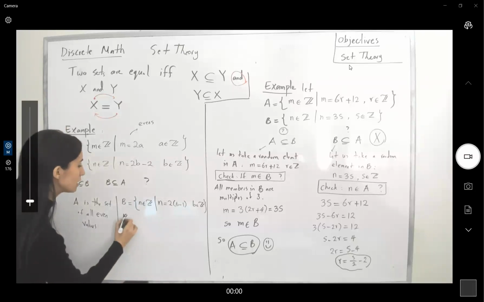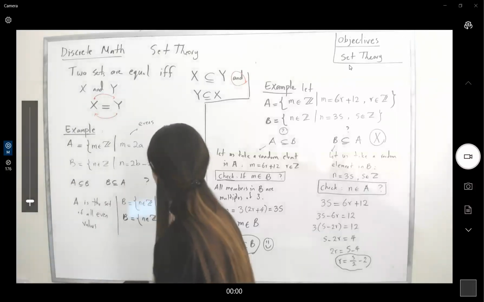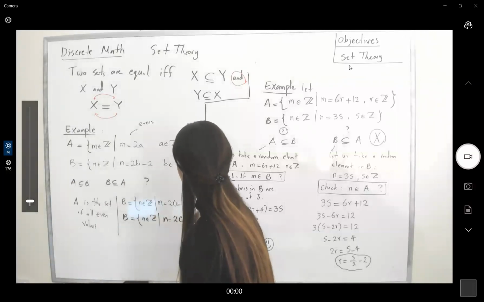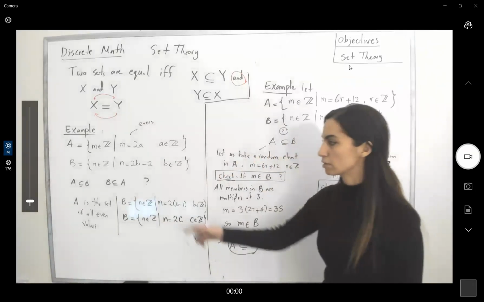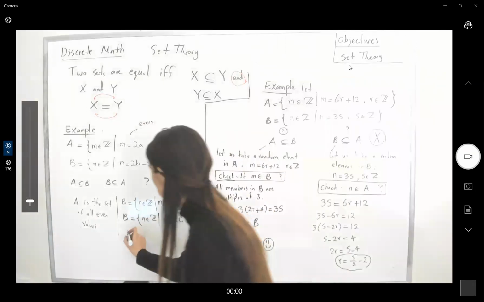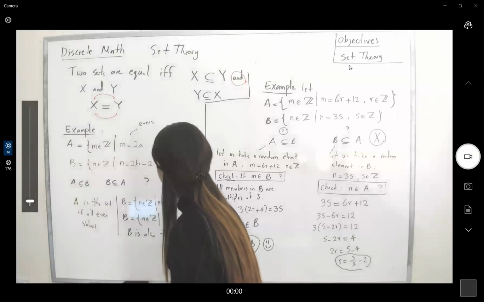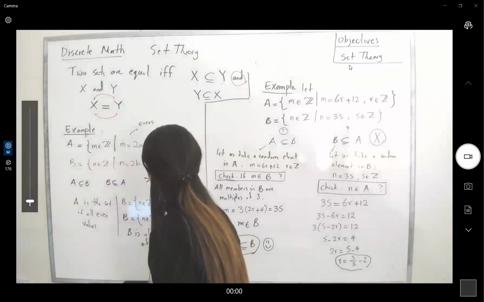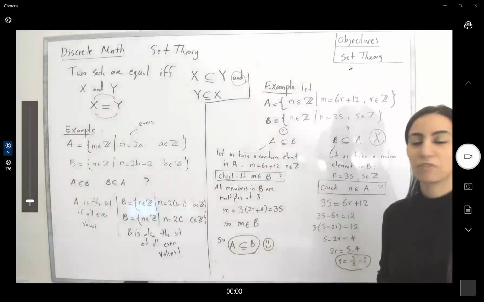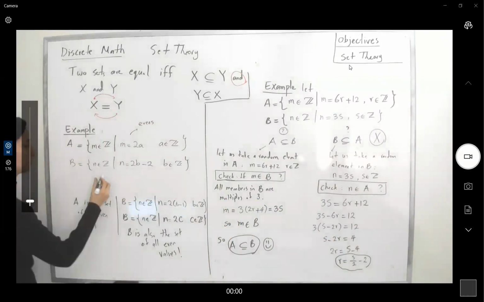If I rewrite this set as n belongs to Z such that n is equal to 2c, c is an integer, then what's the difference between A and B? B is also the set of all even values. So what's the relation between A and B? They are equal to each other.